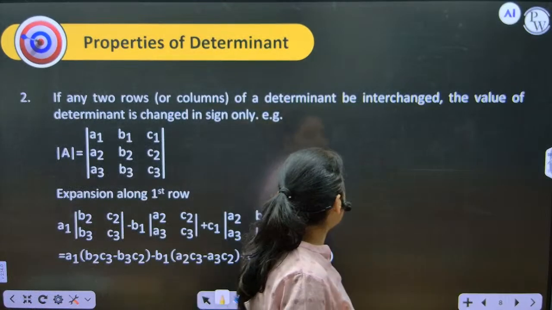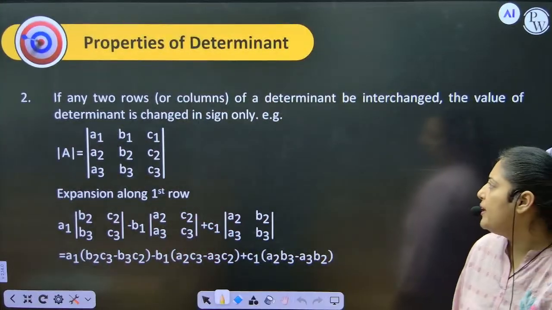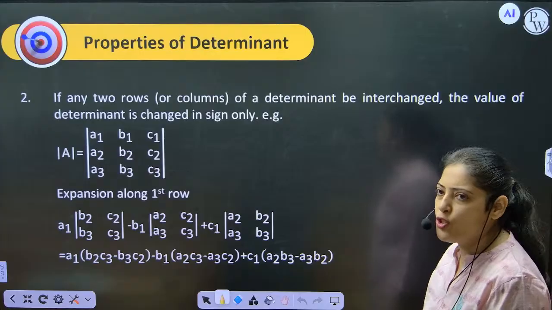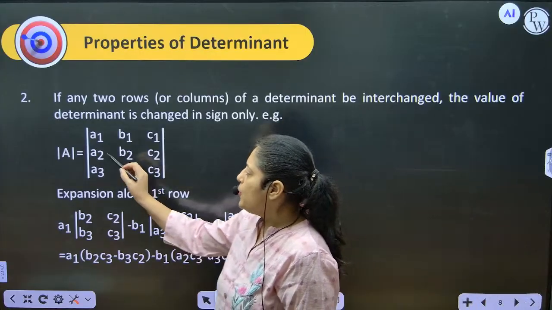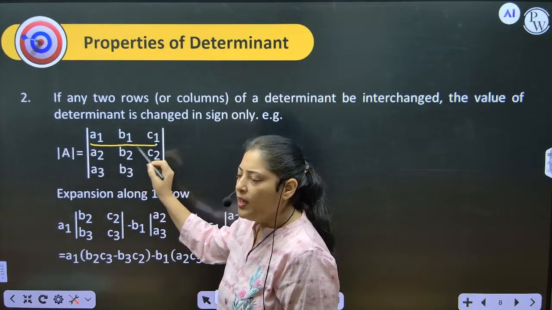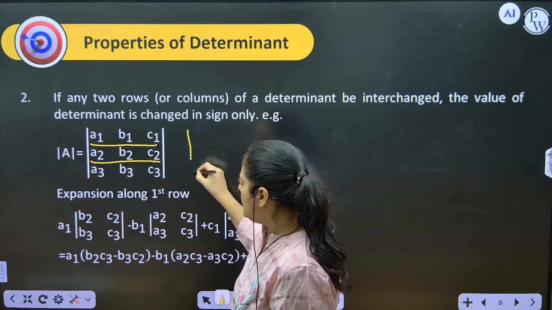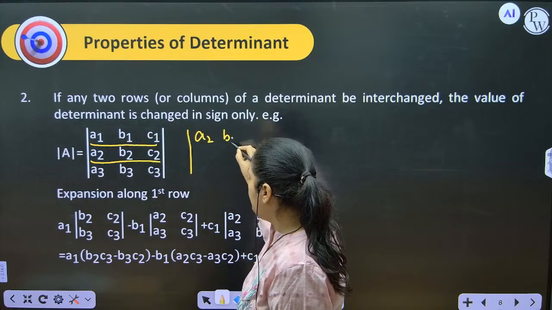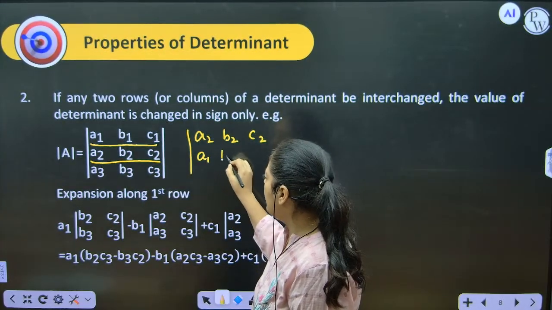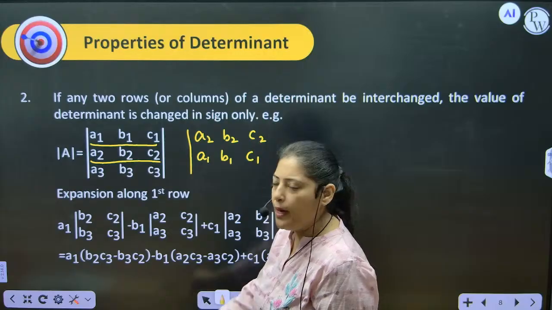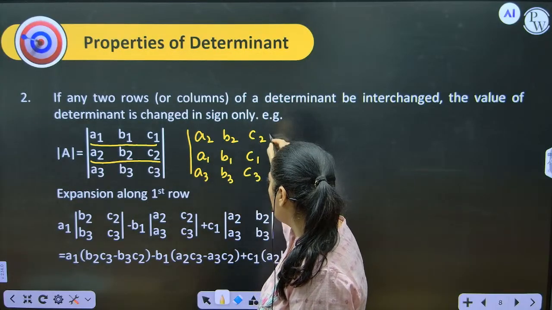If any two rows or two columns of a determinant are interchanged, interchange means, suppose this is the first row and this is the second row. I am interchanging, that means A2, B2, C2 has gone up, A1, B1, C1 has come down, and A3, B3, C3 is in the original place.